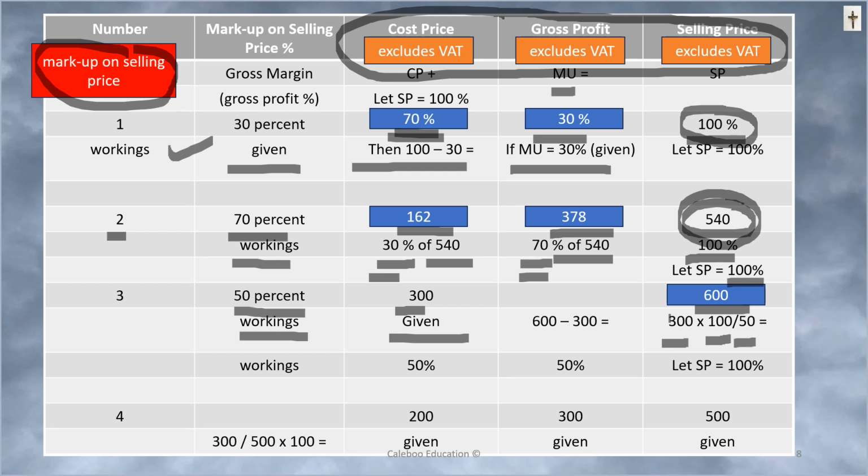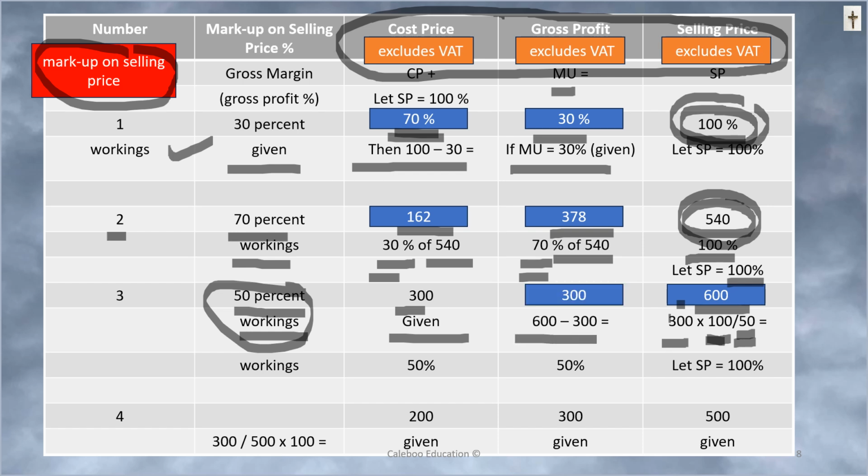So cost price multiplied by 100 divided by 50, because I want to get to the 100%. Remember, selling price we let equal 100%, divide by the markup on the selling price, and that will give me 600.